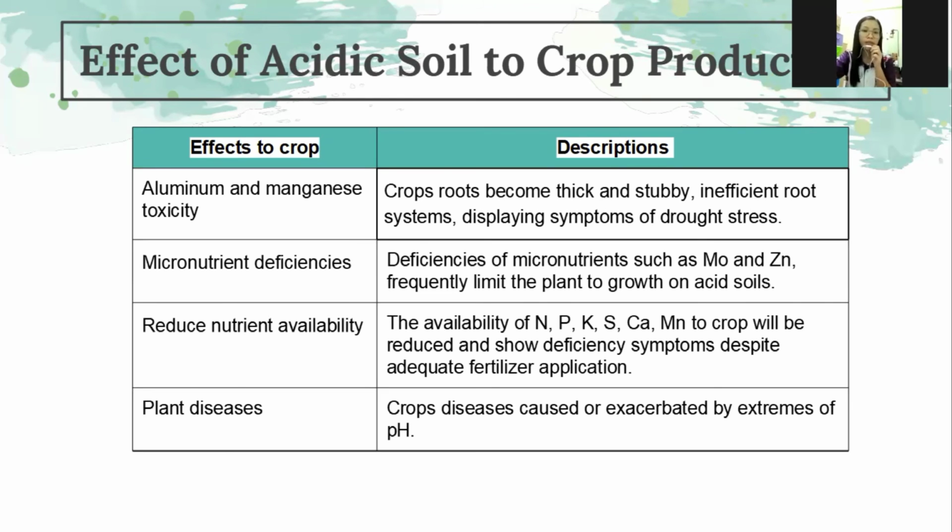The availability of N, P, K, S, Ca, and Mg to crops will be reduced, showing deficiency symptoms despite adequate fertilizer application. And plant disease: crop disease is caused or exacerbated by extremes of pH. So that's all for the effect of acidic soil.